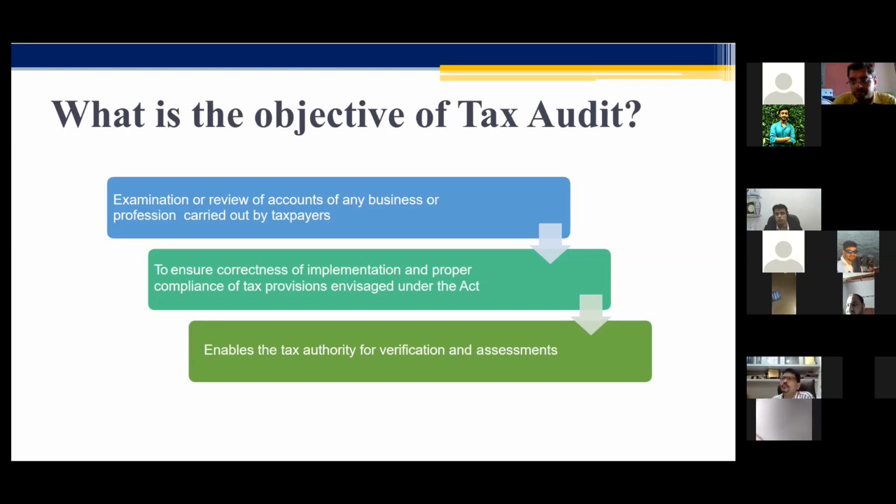So when the tax auditor is reporting particular figures for allowance and disallowance in his tax audit report, whether verification and assessment is really required. The objective was that if the tax audit figures are adopted, then the correct computation of income can be drawn, and it may not require any further verification and assessment.